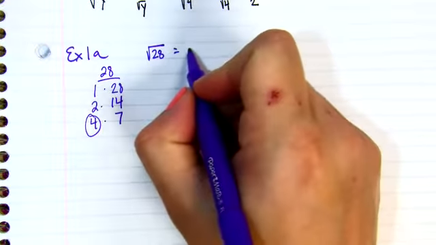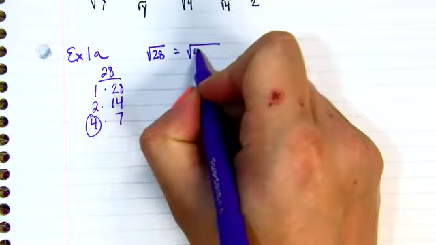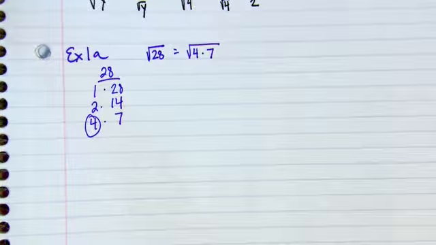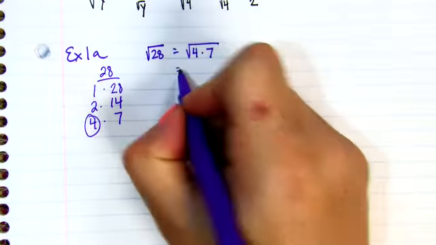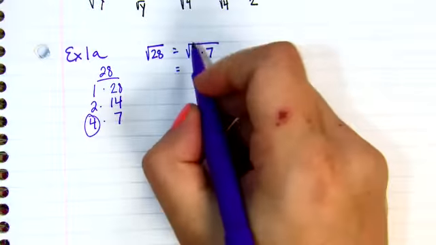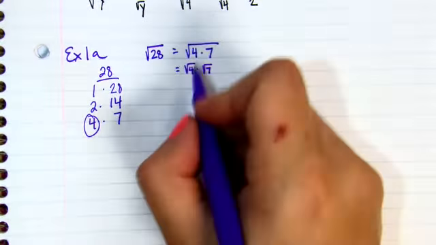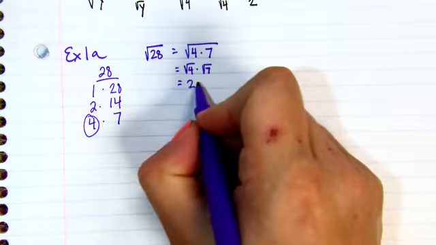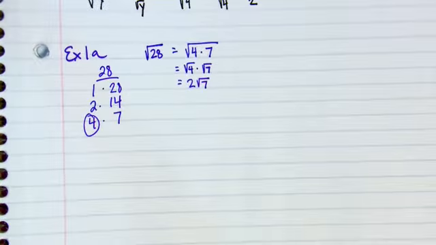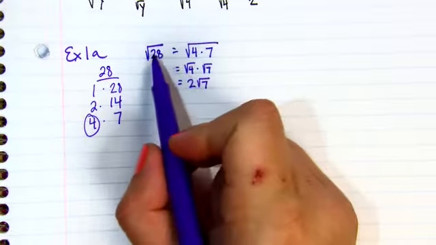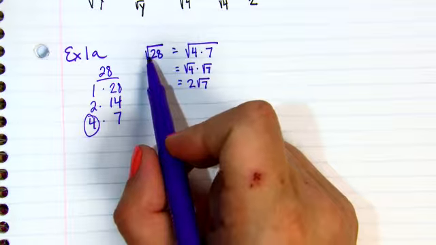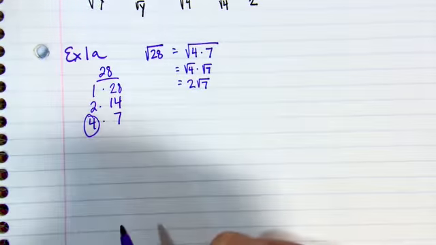I'm going to think about the square root of 28 as the square root of 4 times 7. Then I can break this apart using my rule from above into the square root of 4 times the square root of 7, which will simplify to 2 times the square root of 7. So another way of writing the square root of 28 is 2 times the square root of 7.